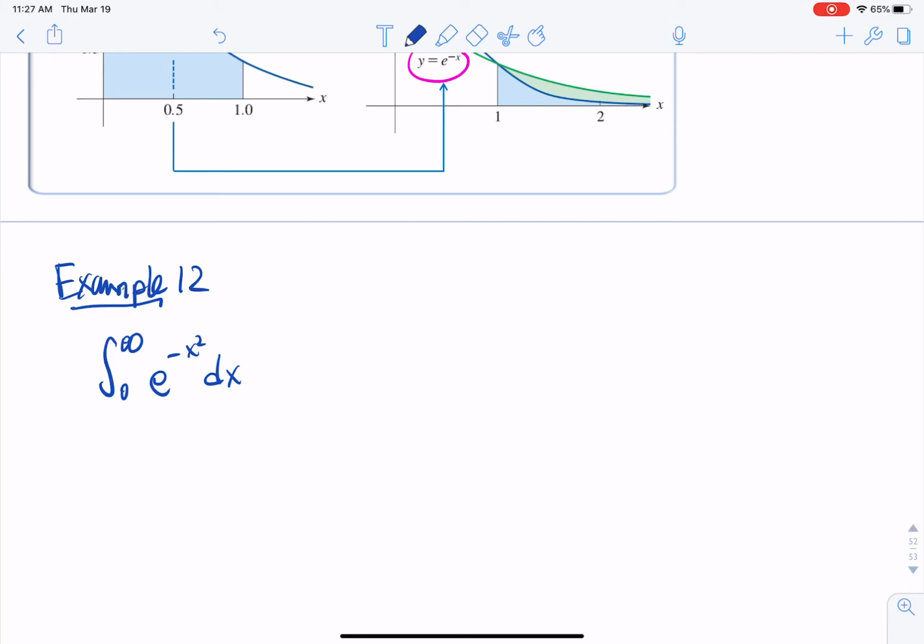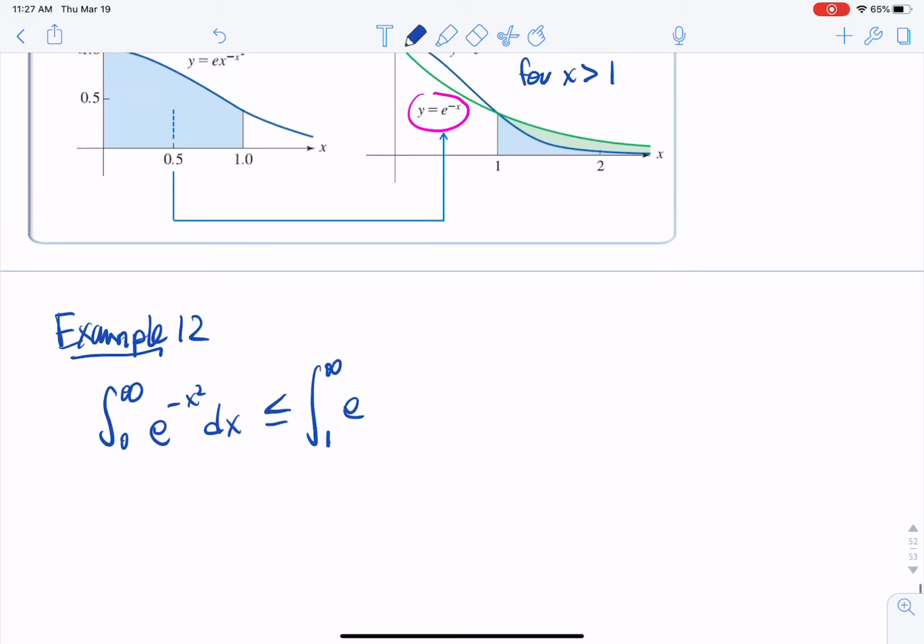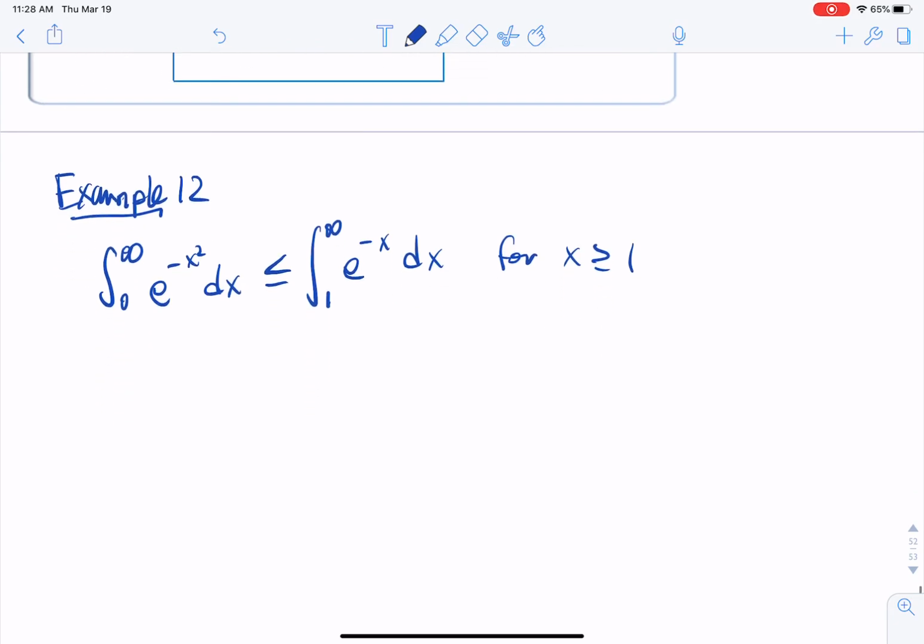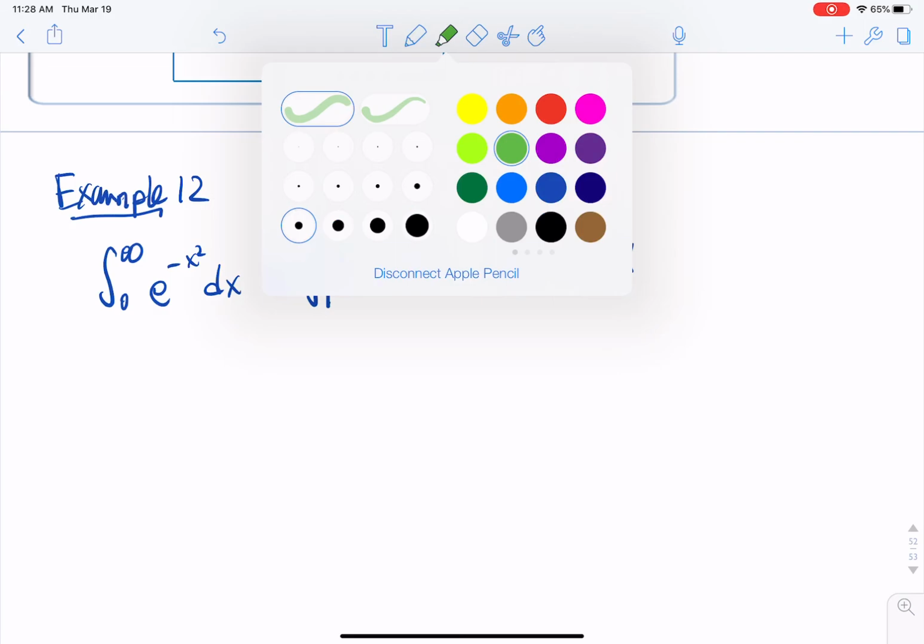And we're going to show that that thing is less than or equal to the definite integral from 1 to infinity of e to the negative x dx for x is greater than or equal to 1. All right. And so now this other one is the one that's improper, so we're going to have to fix this one here.